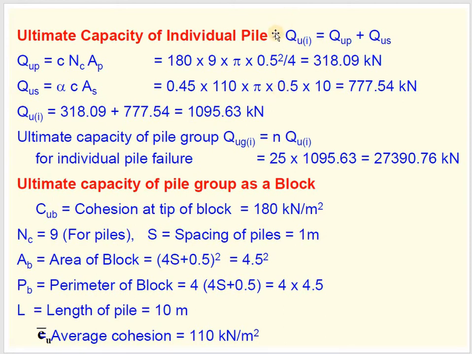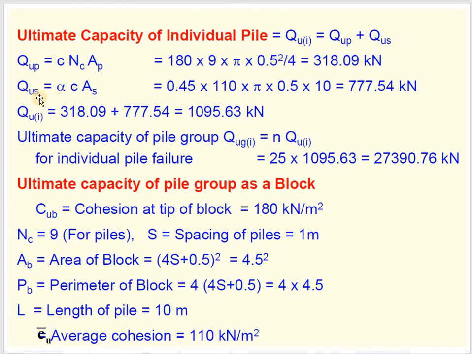So here we know that the capacity of an individual pile, Qu, is the end bearing resistance plus the frictional resistance. So you have the straightforward equation, c Nc Ap for the end bearing resistance and alpha c As for the frictional resistance. Just substitute the values, that is c is 180 at the tip, and Nc is 9 for clay soil. Ap is pi r square, that is pi d square by 4.